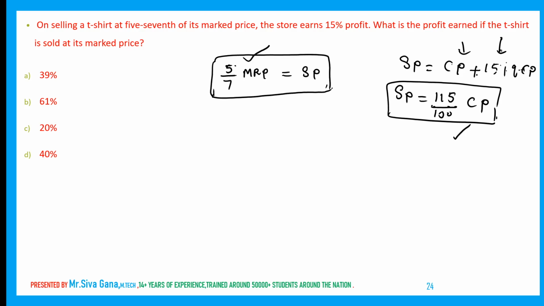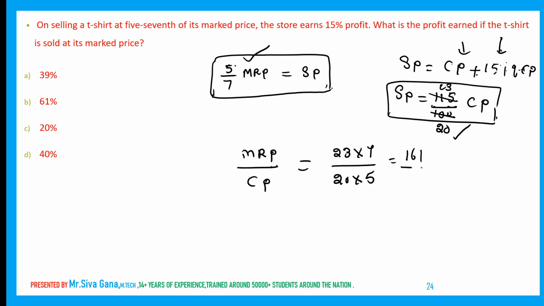If we equate these two, MRP divided by CP is 23 into 7 divided by 20 into 5, which is finally 161 divided by 100. That means for a cost price of 100, MRP is 161.